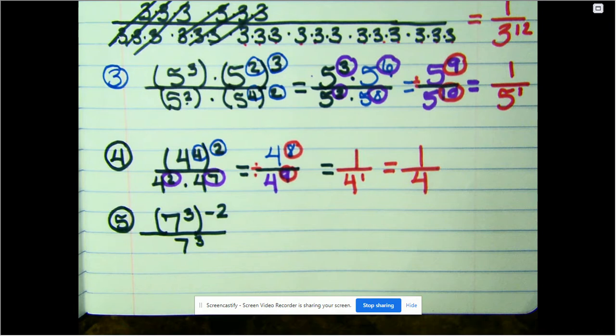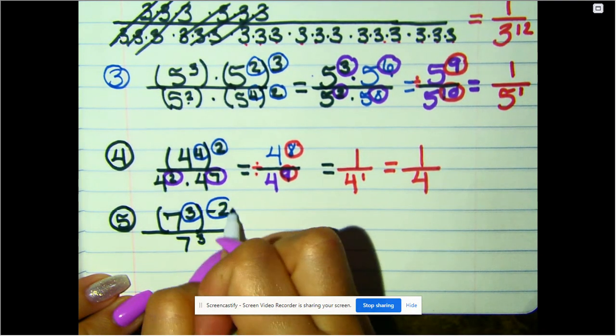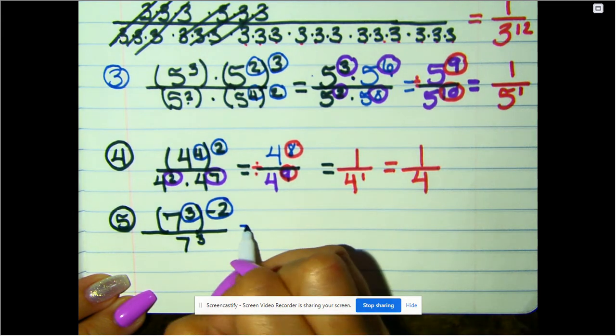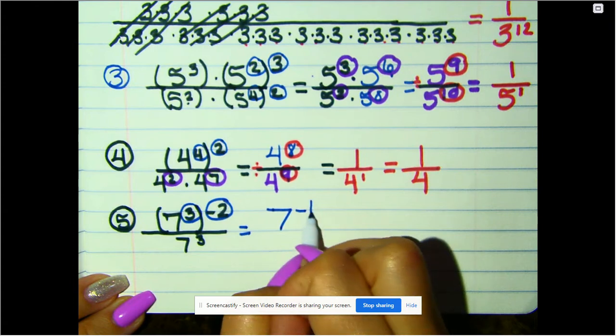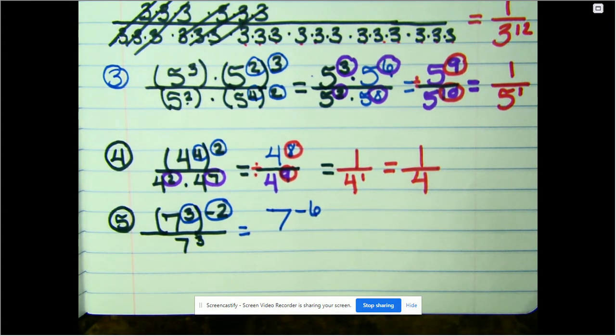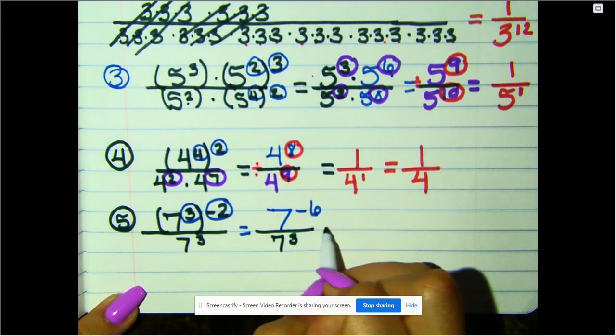Power to a power, same concept. We're going to take 3 times a negative 2. So 3 times negative 2 is negative 6. So 7 to the negative 6th power, divided by 7 to the 3rd power.